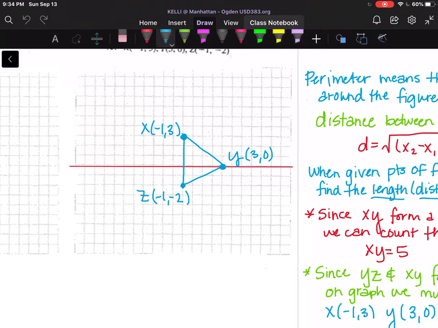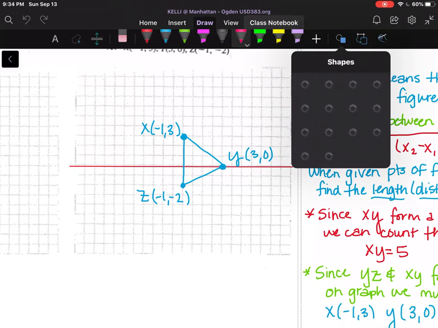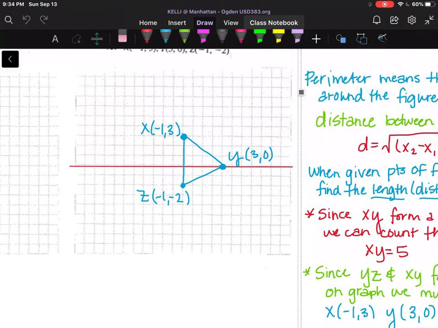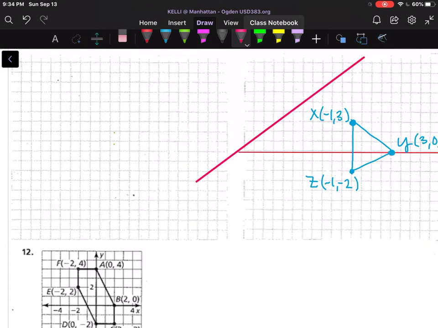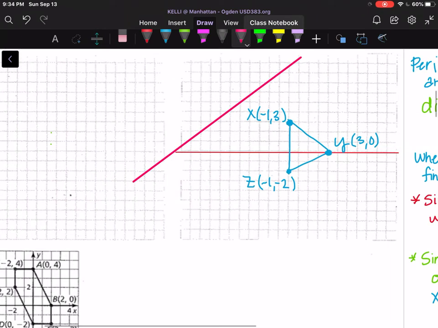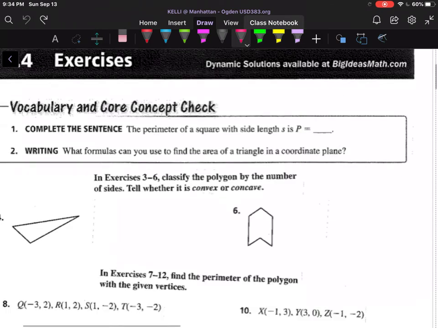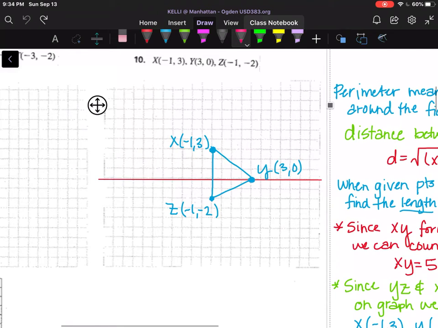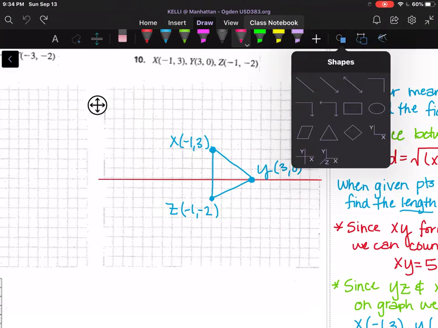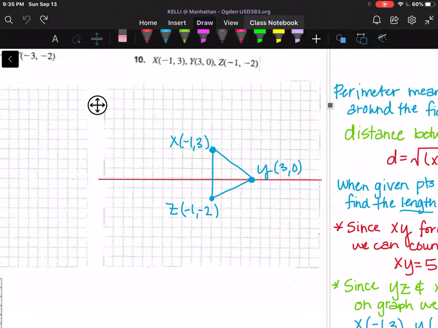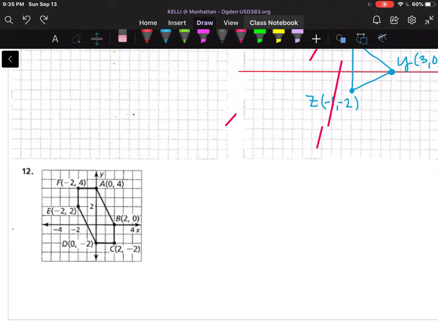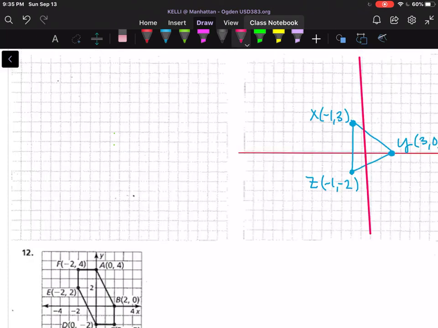I'm going to draw a new line for my x-axis so that we can see that. I think I had it. Oops. I had it drawn in here. Let's try that again. Alright, it's liking what I'm doing.